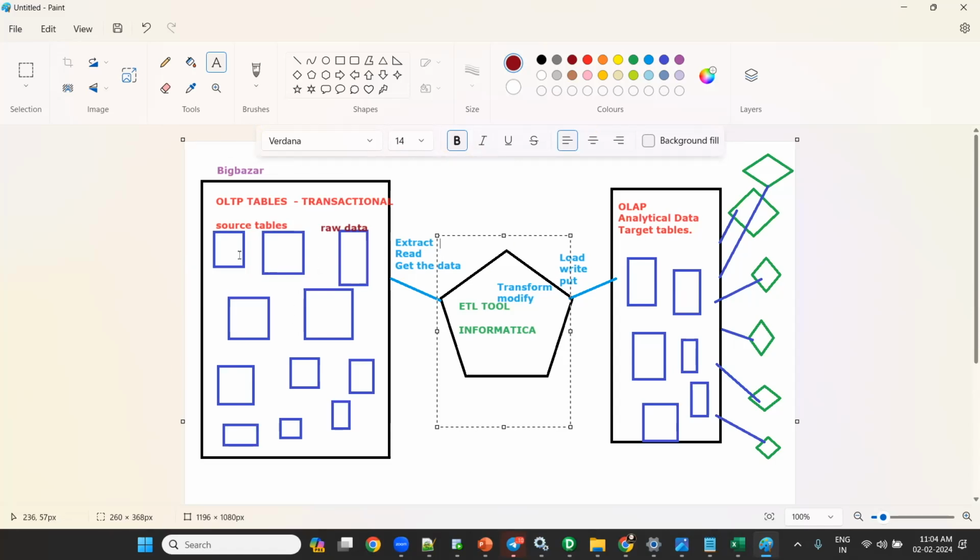Raw material is raw data, source tables, transaction tables. You need to generate the reports. Then only they will understand, correct? If you do the interior and then give it to me, only then can I live.